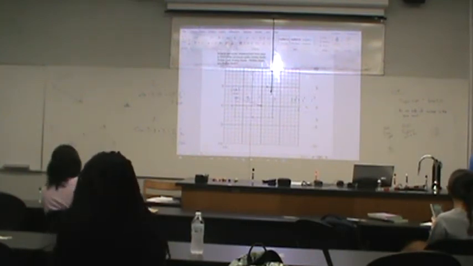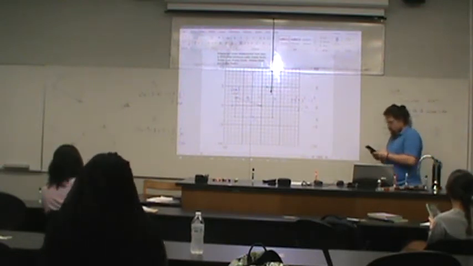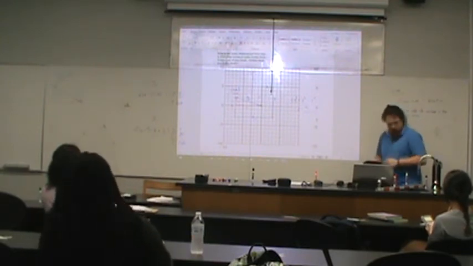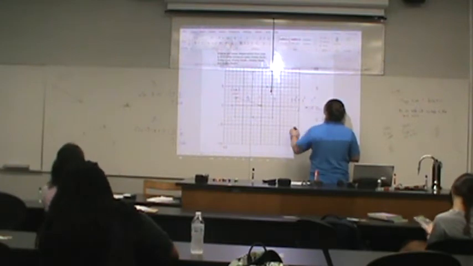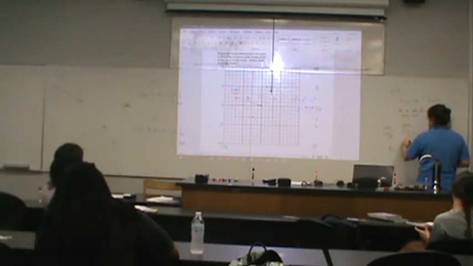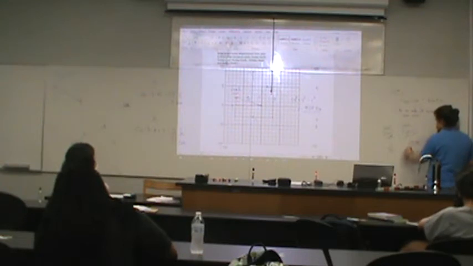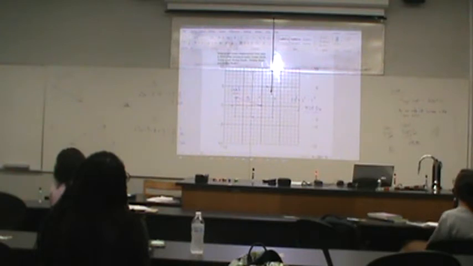There goes my calculator. So that is the distance in a straight line from where we started to where we ended up.